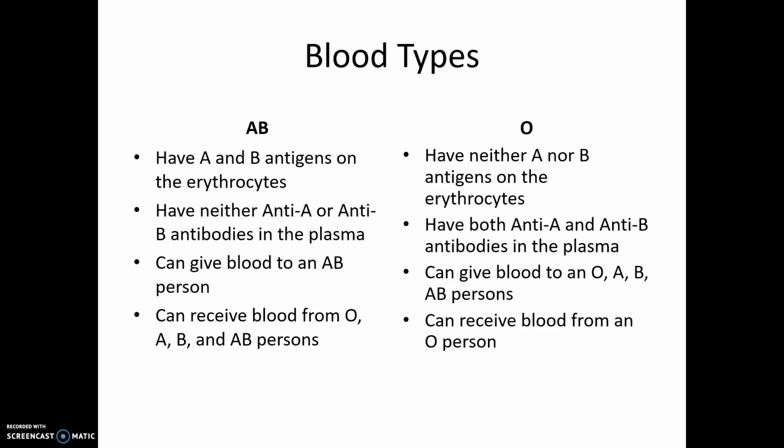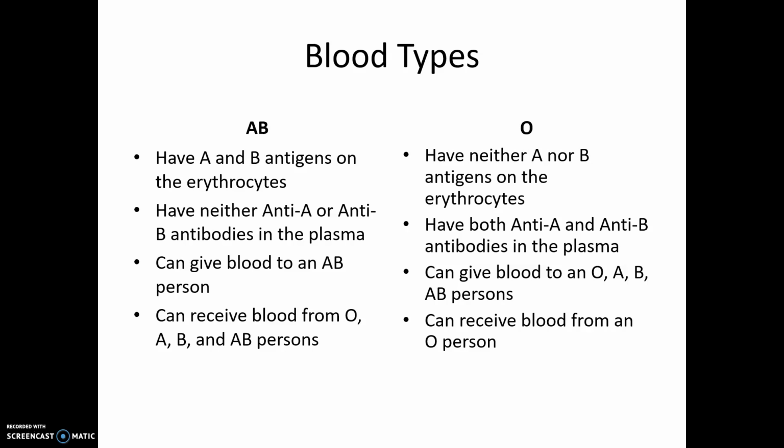The last 2 of the 4 are going to be AB, and they have A and B antigens on their red blood cells. Now here's the deal. Because they have A and B antigens on the outside of the red blood cells, if they had anti-A or anti-B, they would be attacking their own antigens. So anybody who is AB does not have either anti-A or anti-B antibodies in their plasma.